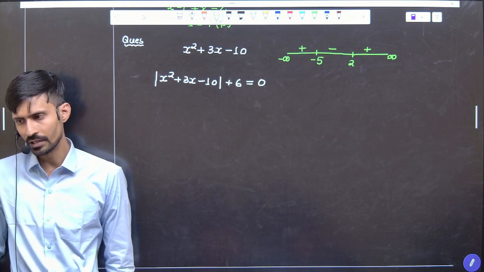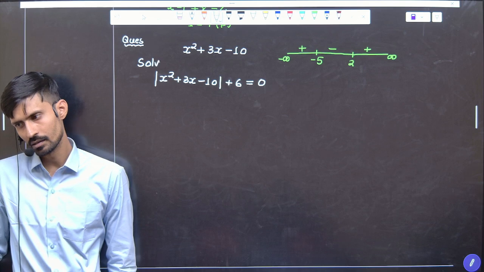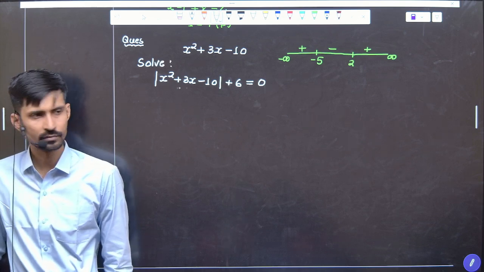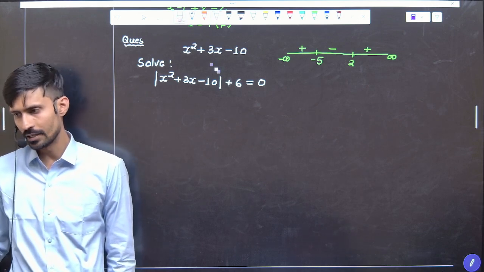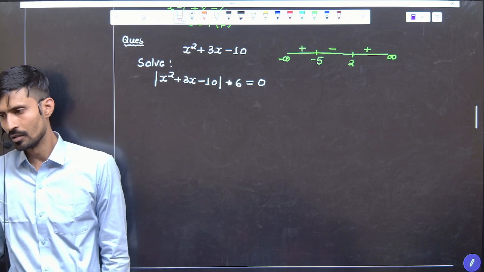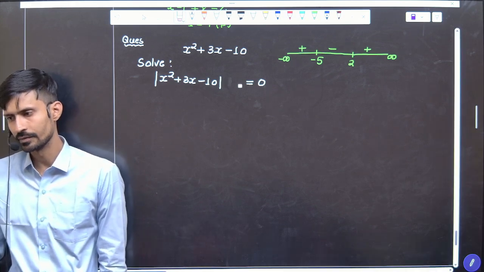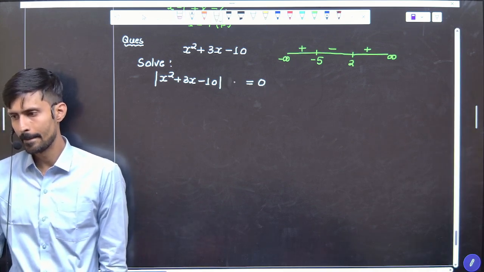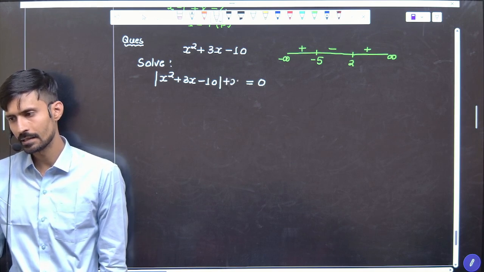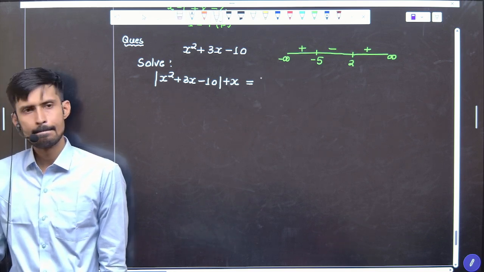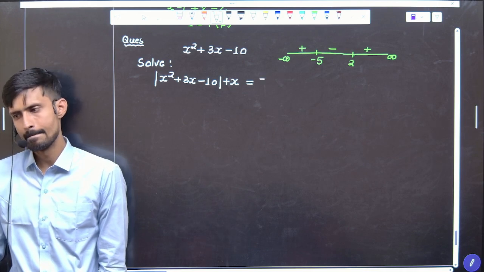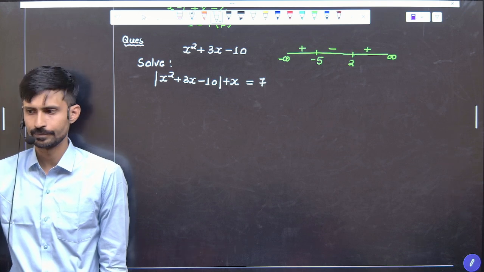The question is solve this: mod of x square plus 3x minus 10, plus x is equal to 7.